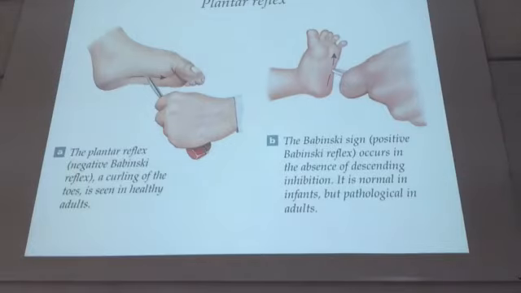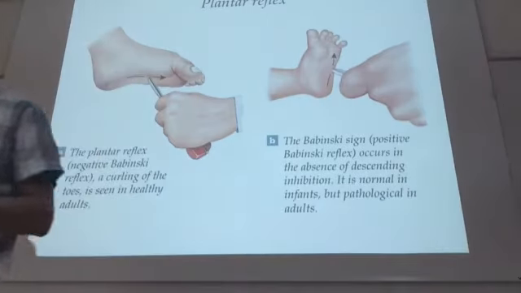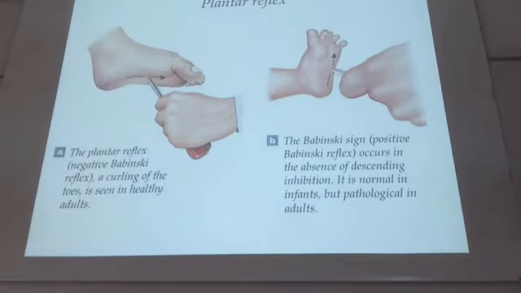So that's a classic sign for somebody with brain injury, or at least miscommunication between the brain and the spinal cord. And it's very important that if there's no inhibition from the cortex, reflexes will tend to manifest themselves.